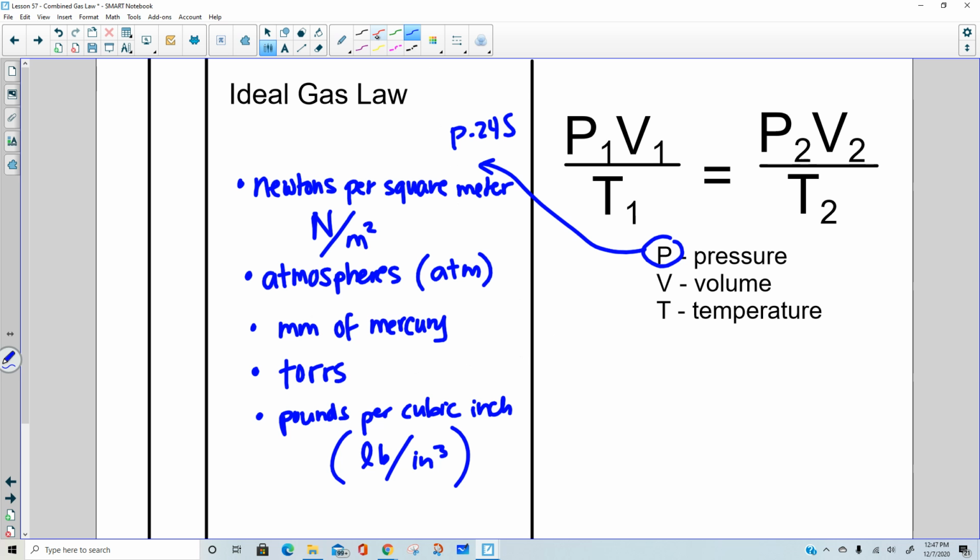Next is volume. My volume units are always going to be, now these aren't necessarily new, you have volume units, either milliliters, liters, or cubic centimeters. And then finally, temperature. This is a new one for you guys. Temperature with gas is measured in kelvins.